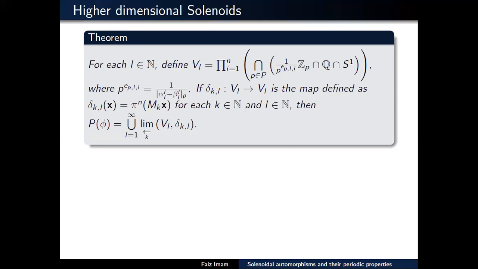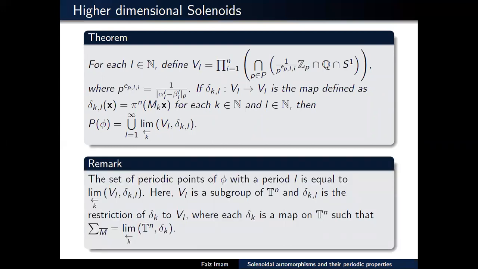Then at the end, finally, you get the set of all periodic points of the automorphism phi. And this automorphism also takes help of automorphisms on individual coordinates, or individual solenoids. So I'm just giving you the gist of the result: periodic points of this automorphism phi is the inverse limit of V_L, delta_KL.